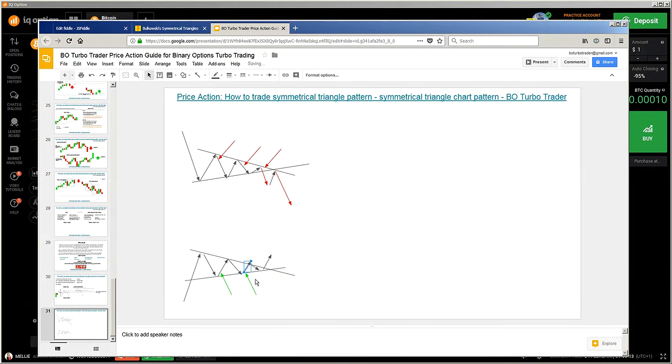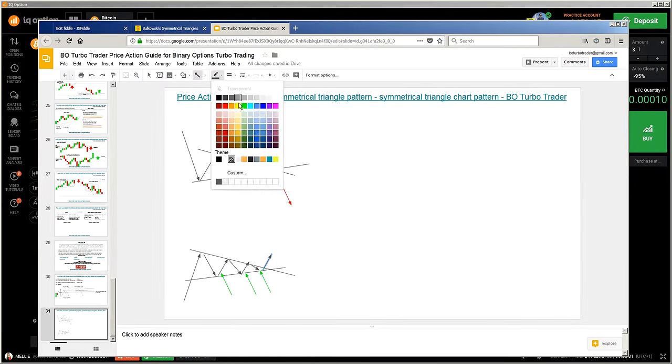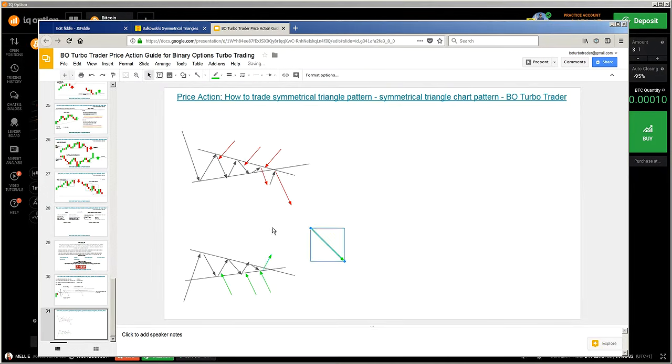Obviously it can sometimes also get out of the lower part, and after this you can do the breakout of this, but I recommend that you trade mostly the pullback of the breakout, because like I told you, this is a Forex pattern.